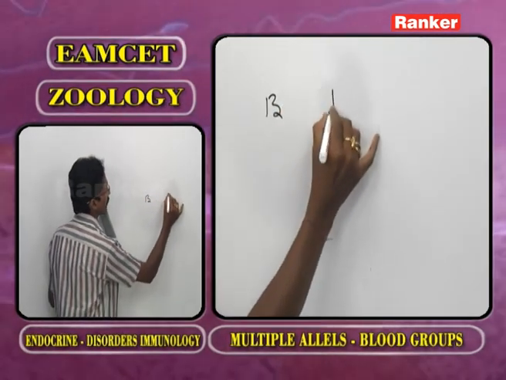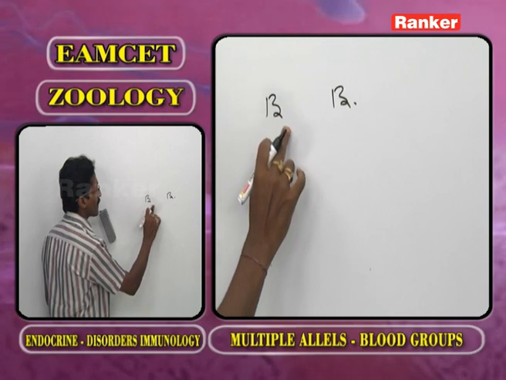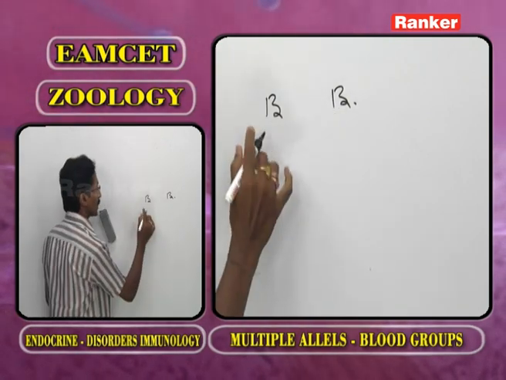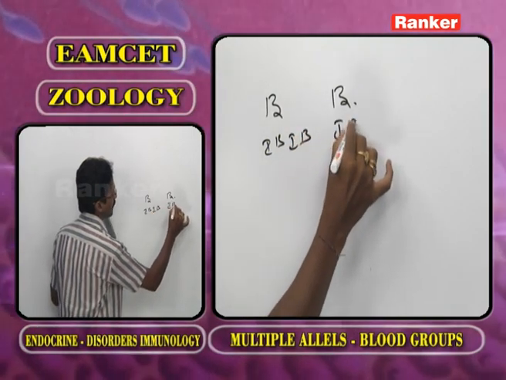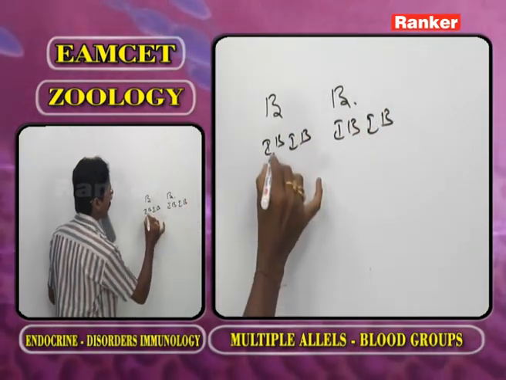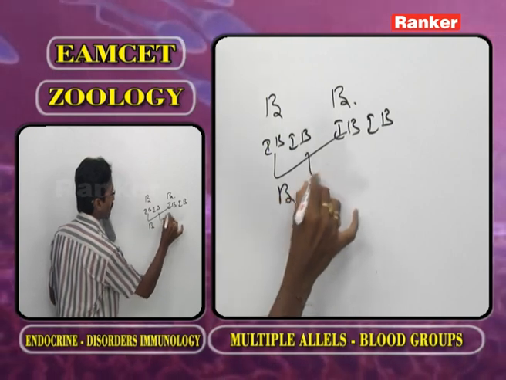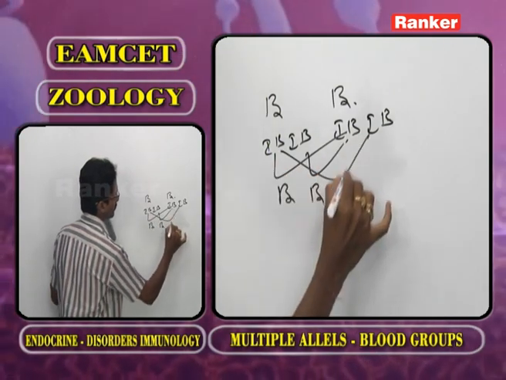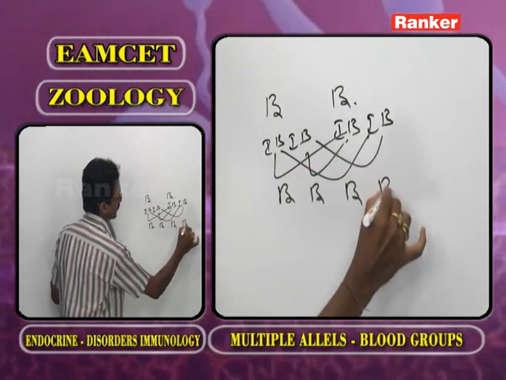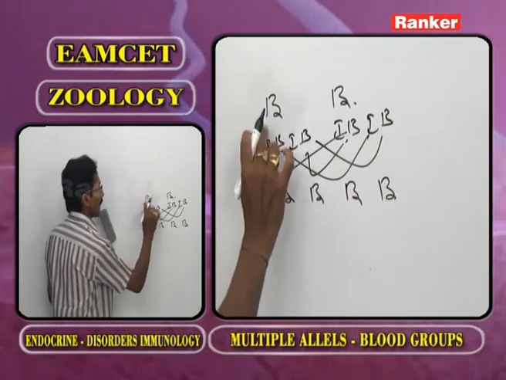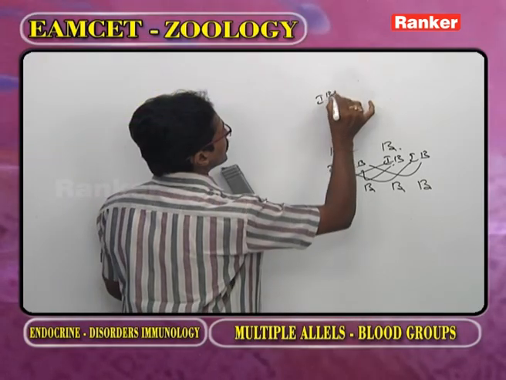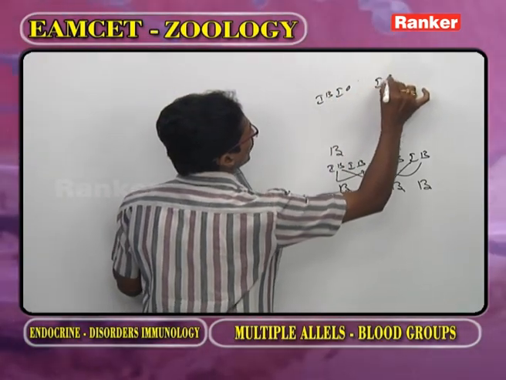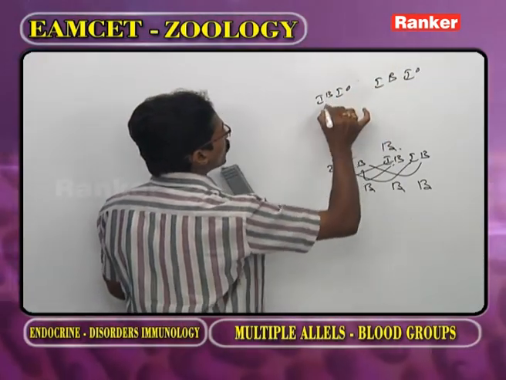Now, this is the B. Father blood group B, mother blood group B. Now, IB IB, IB IB. Now, we are getting the B blood group. Or if the father and mother with blood group B are heterozygous, IB IO, IB IO, we have to observe.